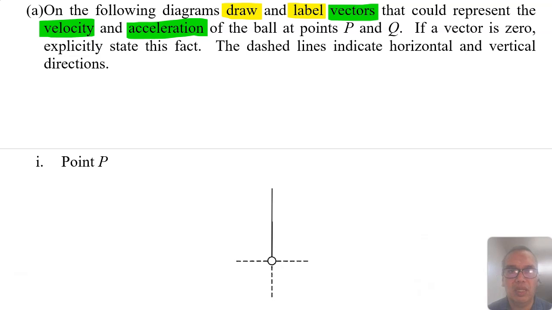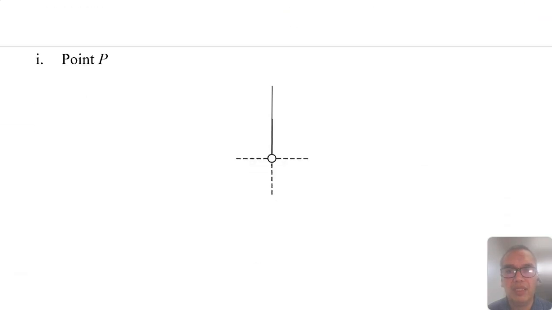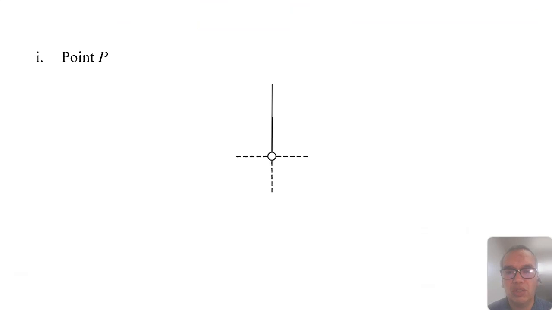Pencil is more than enough, but it's important that you understand that you are drawing two different vectors of two different kinds in each case. It also says that if a vector is zero, take care that you have to explicitly say it. It's not enough that you don't draw it, you have to say that you know that the vector is zero. And finally, that these dashed lines represent horizontal and vertical positions.